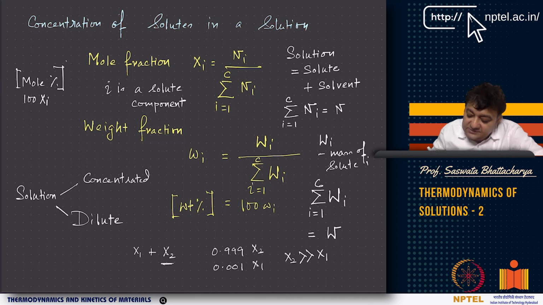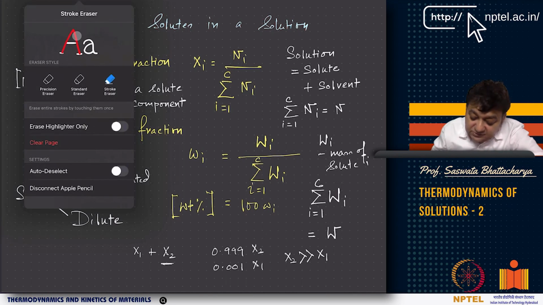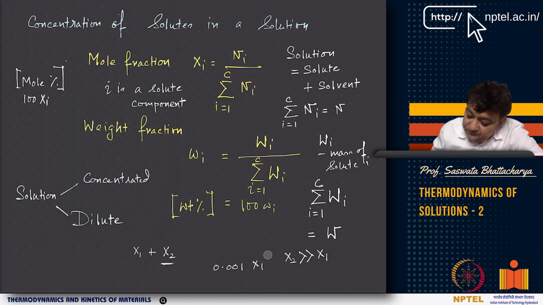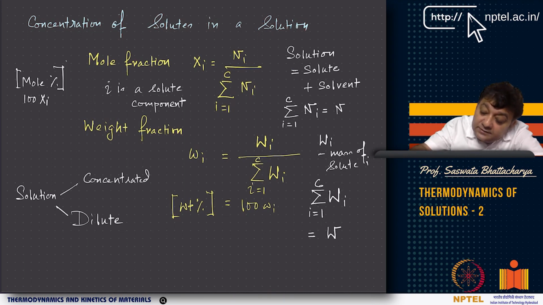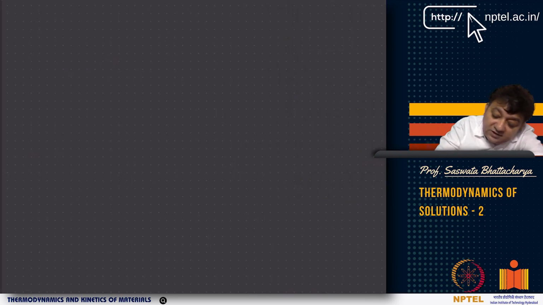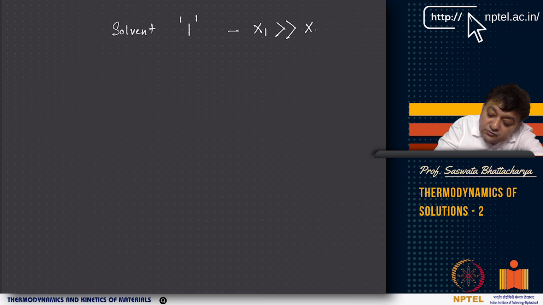Now let us assume that we have a solvent, component 1, with a mole fraction X1 which is greater than X2.